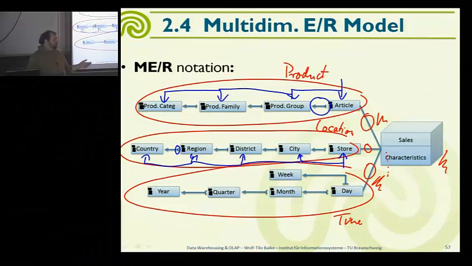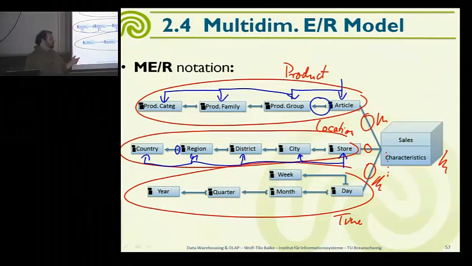And the region consists of all the districts. So Lower Saxony is made up of Braunschweig, Hannover, Oldenburg, and I don't know the others, right? And within each district, there's a certain number of cities. So Braunschweig has Wolfenbüttel and Wolfsburg and Braunschweig and Peine and I don't know, right?